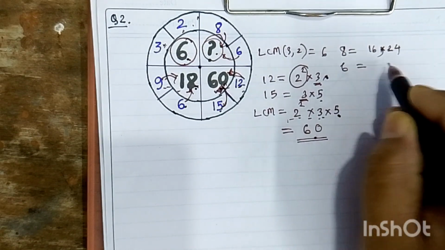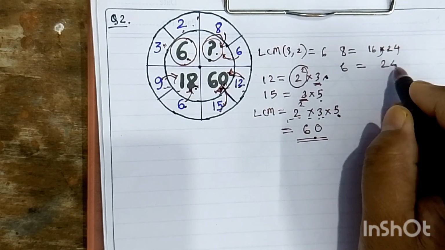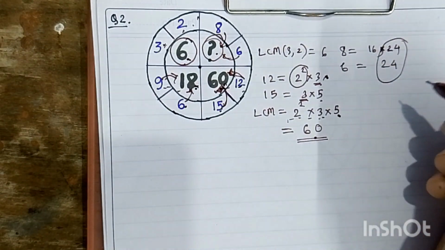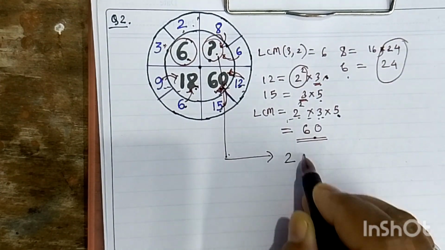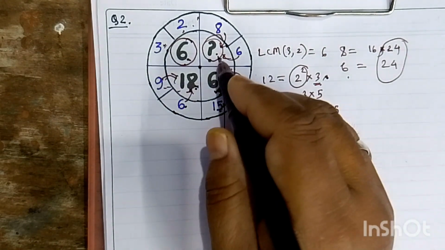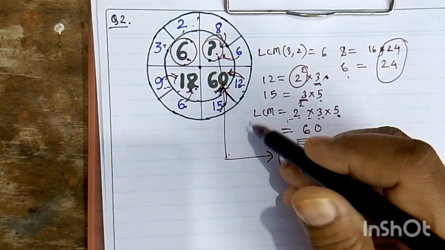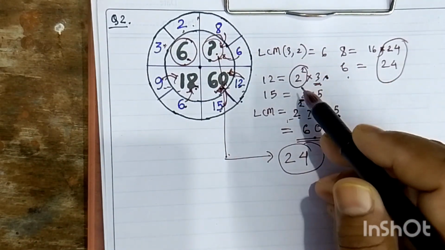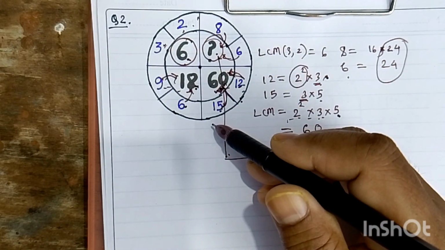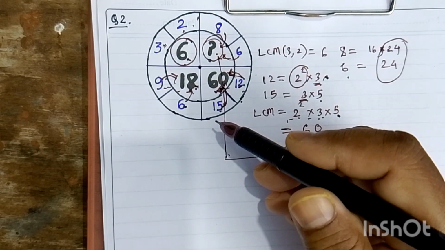And 6 times 1 is 6, 6 times 4 is 24. That is the lowest common multiple of 8 and 6. So in place of the missing number, we are getting 24. So the answer is 24. The structure may be the same, but the pattern followed here we have to find out. Yes, students, we come to the next question, the third question.